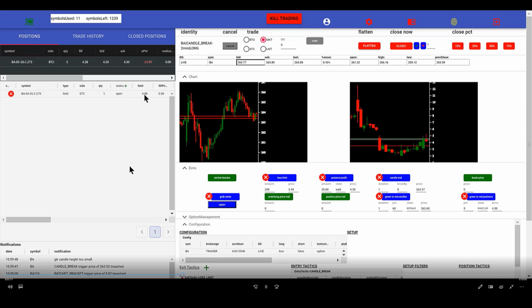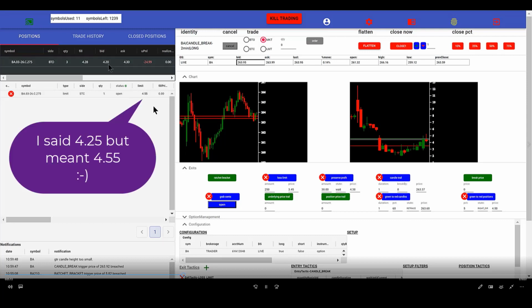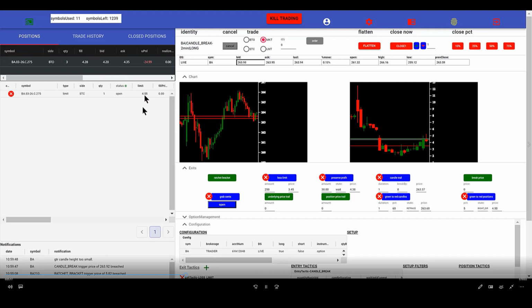That's looking for 425. That's based on the 428 plus 25 cents, and we round to the nearest nickel because that's the way the orders are placed when they're over $3. So we're just watching now. This is the stock and this is the price of the call.